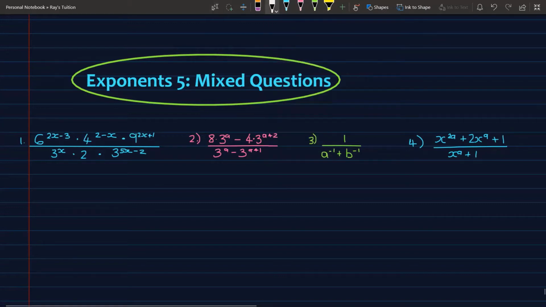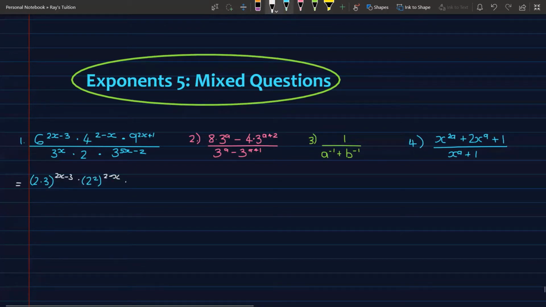Now, from the previous video, we've got that the first step to solving exponential equations is to write it as prime bases. So we're going to start with the 6 over there. 6, we're going to replace it with 2 times 3, and that's to the power of 2x minus 3. And then 4, we're going to replace with 2 squared, and that's the power of 2 minus x.